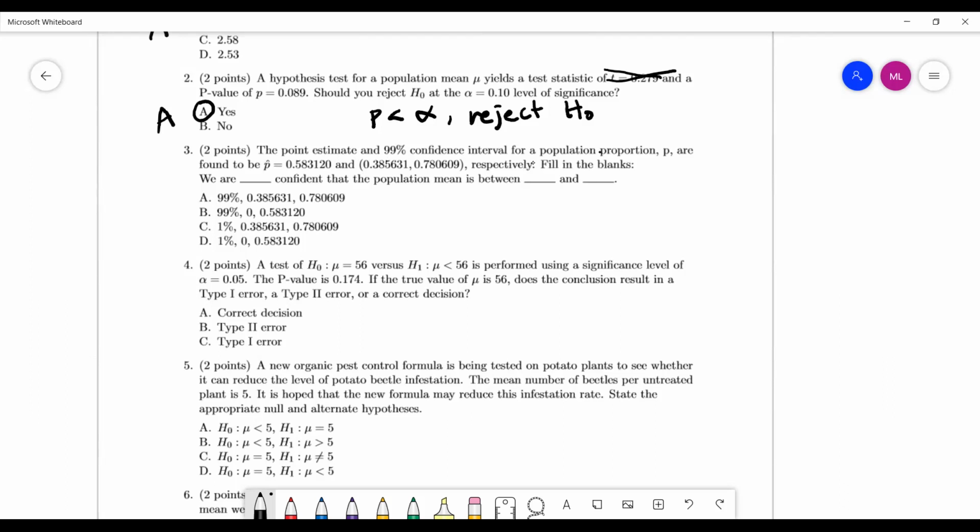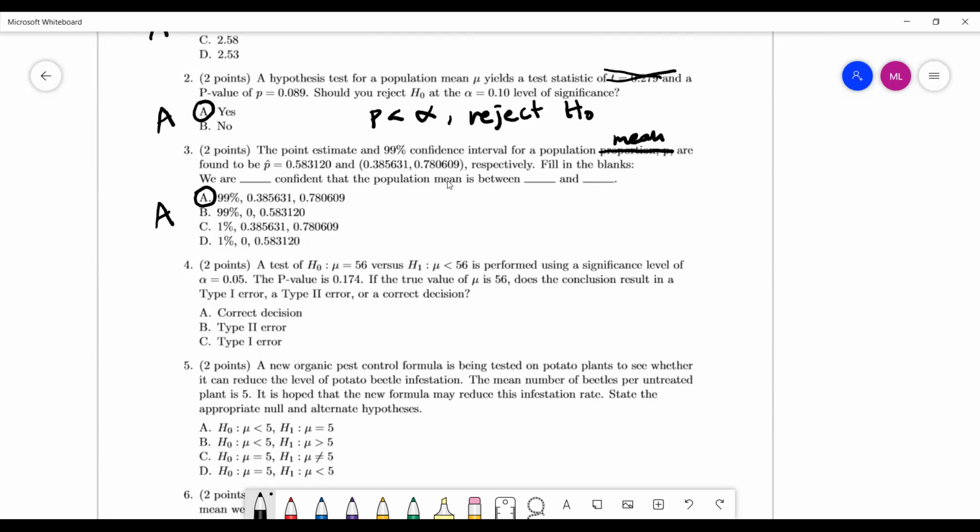That was just a typo. So this should say, let's just switch this one to mean. But we're 99% confident that the population mean is between the two values that are given. That's basically, if you just had to interpret this into words, going to be part A. And I just didn't mean to have that typo, talking about proportion in one part and mean in another part. That wasn't meant to be a trick question.